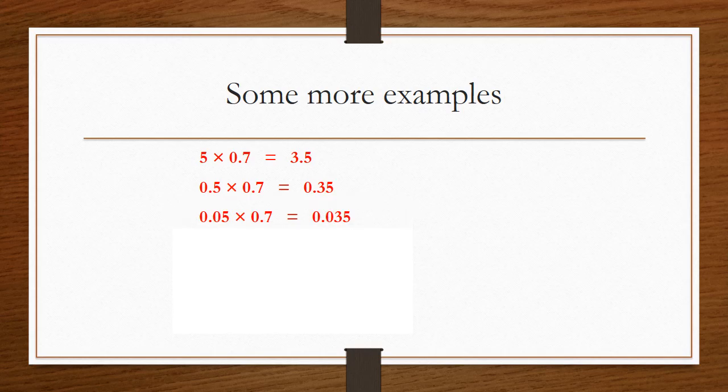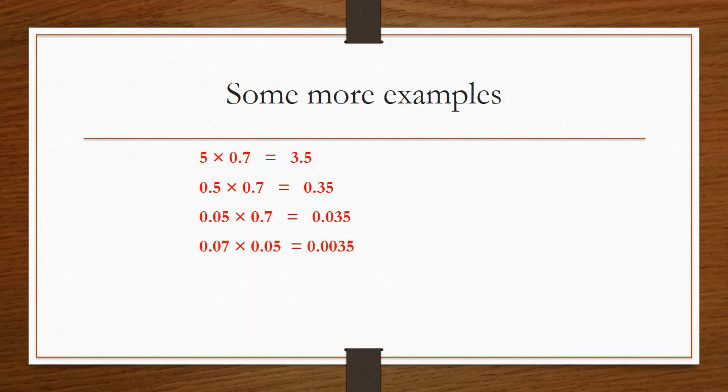Next is 0.05 and 0.7, so there are 3 digits after the decimal in what we will multiply, and in the result it is 35, so we need 3 places, so we'll put a 0 before 3 and the answer will be 0.035.